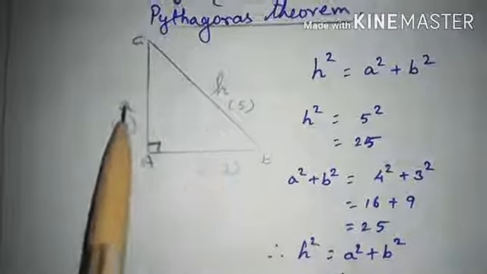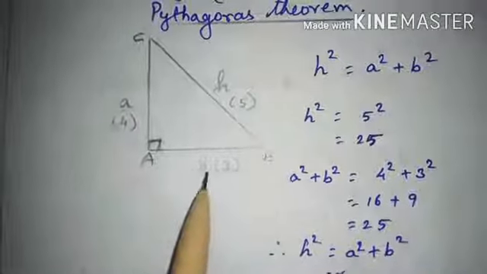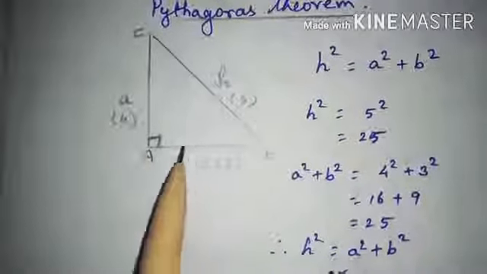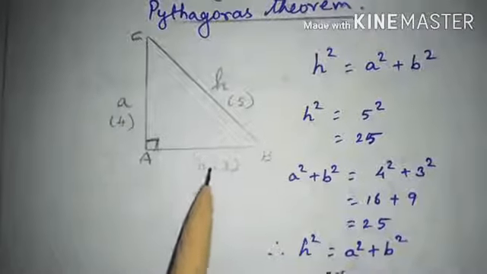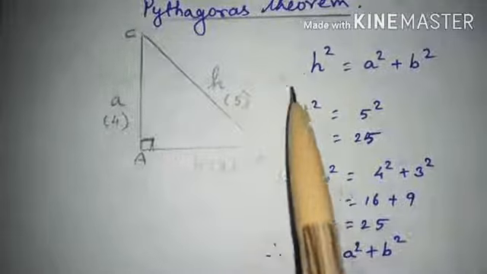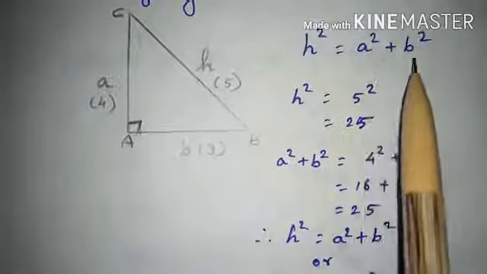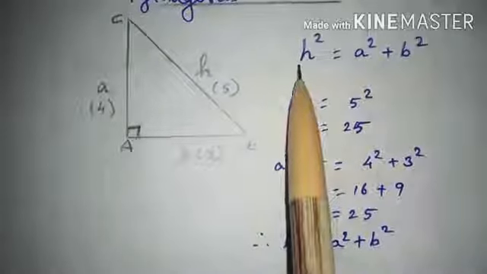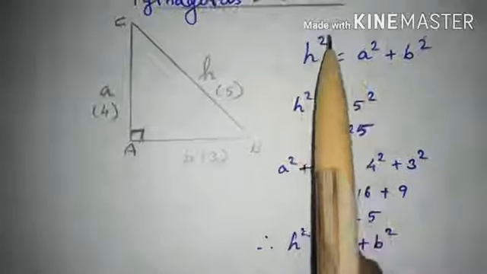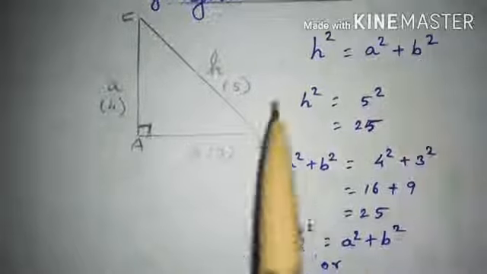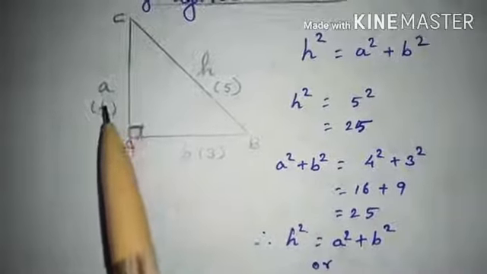The other two sides we call the two legs of this right angle triangle, and we name them a and b. According to the statement, we can write h square is equal to a square plus b square, where h is the hypotenuse, and a and b are the sides of the right angle triangle.